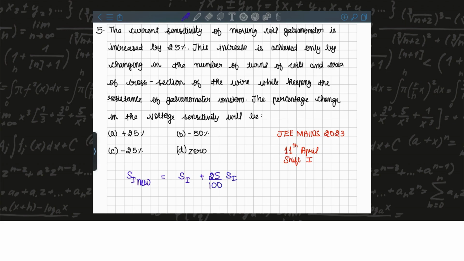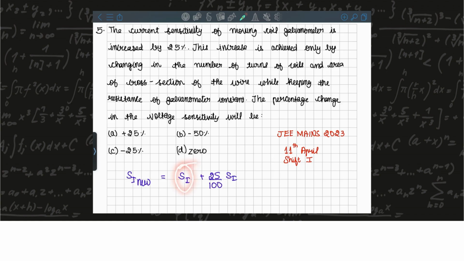Why 25 by 100? Because they have increased the current sensitivity of the moving coil galvanometer by 25%. So this SI is nothing but the value that was previously shown in the galvanometer as the current sensitivity.